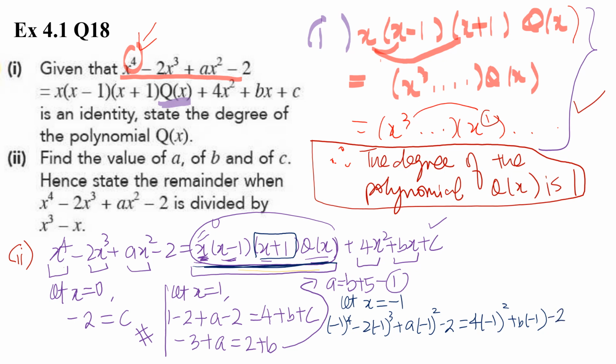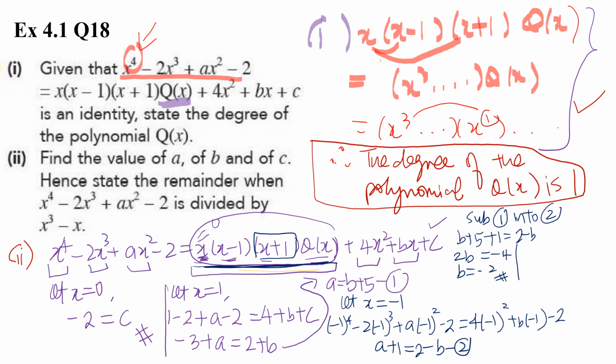That will give me 1 plus 2 minus 2, times a plus 1. That will give me 4 minus 2 minus b. So I'm going to sub equation 1 into 2. A is b plus 5, so b plus 5 plus 1 equals 2 minus b. 2b equals 2 minus 5 minus 1, negative 4. So b equals negative 2.